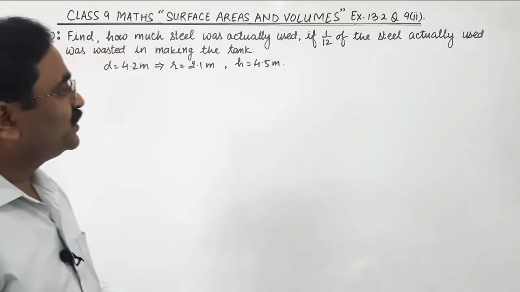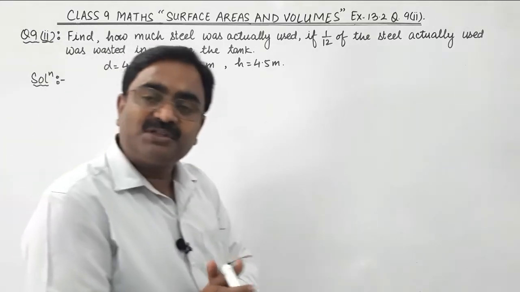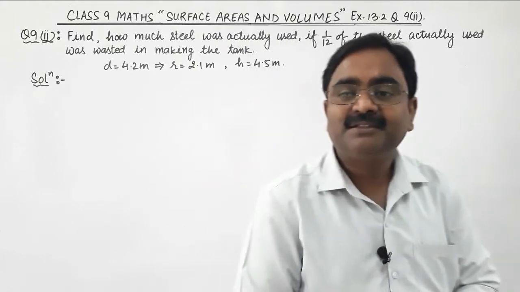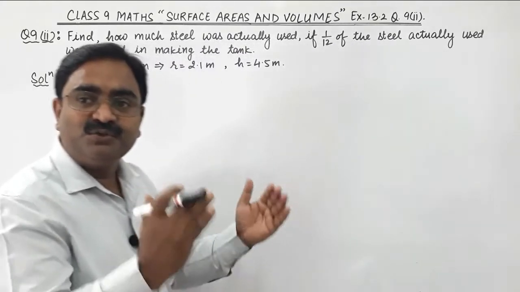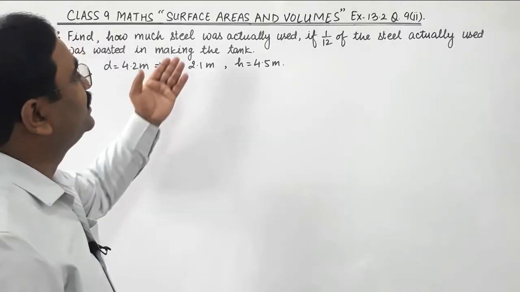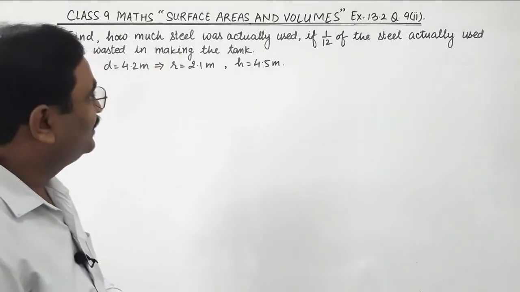So first of all, we need to find the total surface area of this cylindrical tank to find the amount of steel used to make this tank, right?